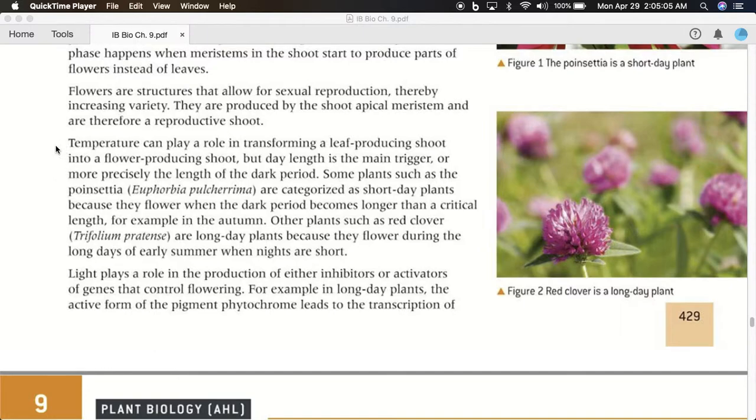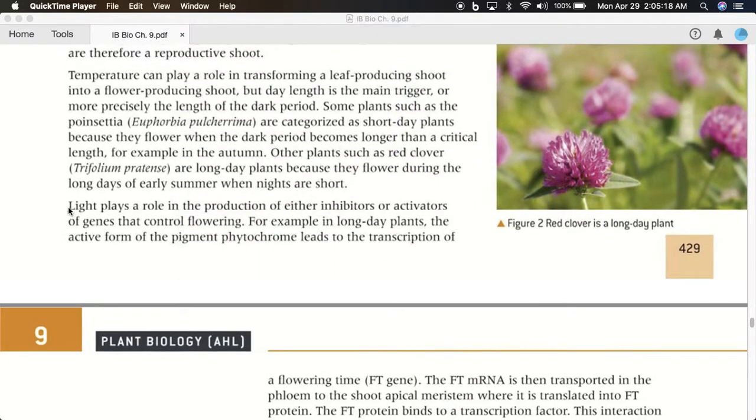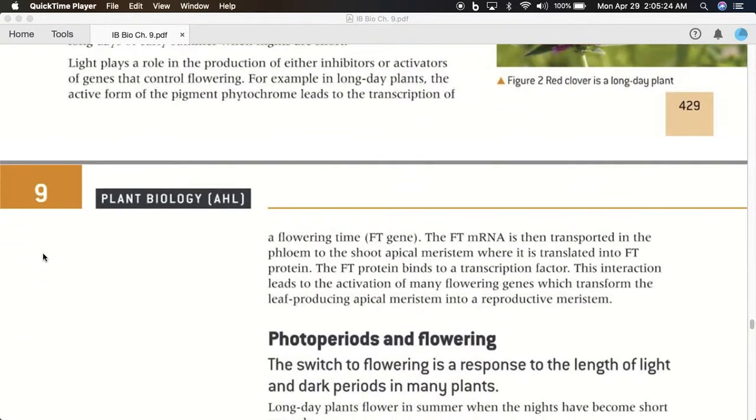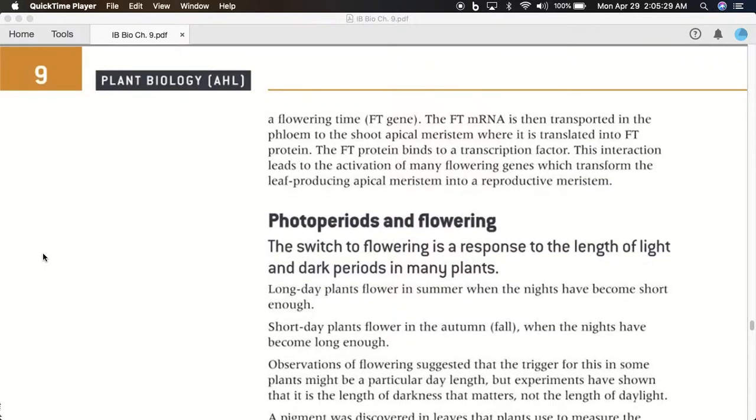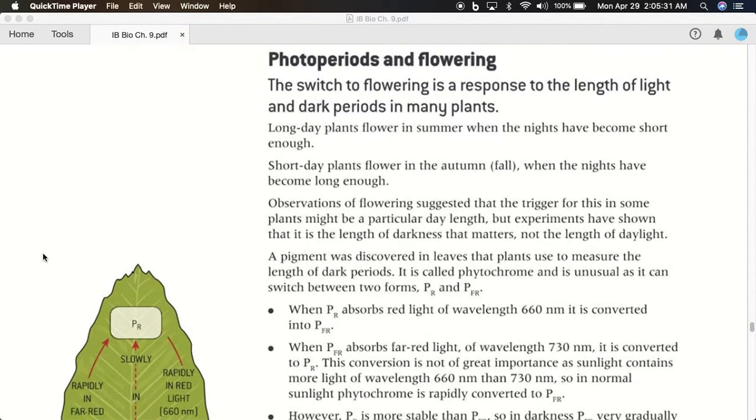And they start to talk about it a little bit here, talking about temperature and how that is going to influence flowering, but long days and short days are kind of directly correlated to temperature. So I'll skip over that. And the same thing, long days and short days are directly correlated to the amount of light that you have. So the most important thing that you need to look at is this section right here that talks about photoperiods and flowering.